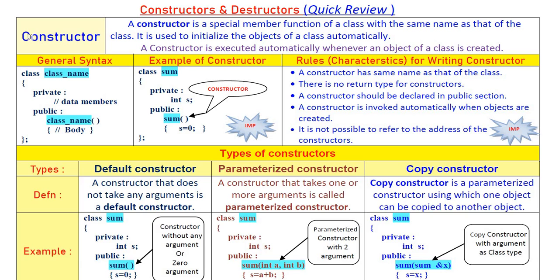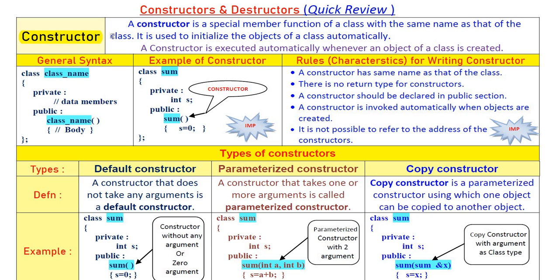So first let us see what is the definition of constructor. So constructor means construction, or construct means it constructs the variables of a class in memory, or it assigns value, it constructs the values of data members of class like this. So constructor, actually constructor is a function.